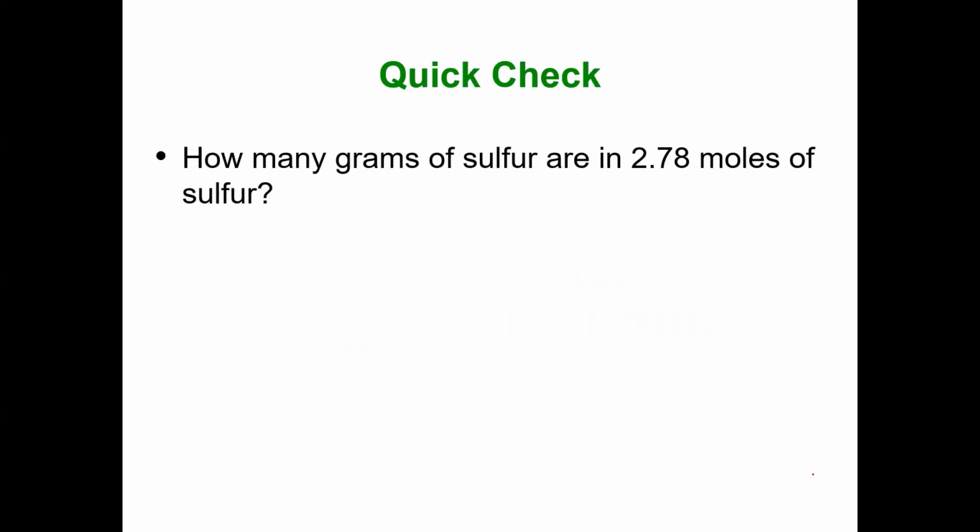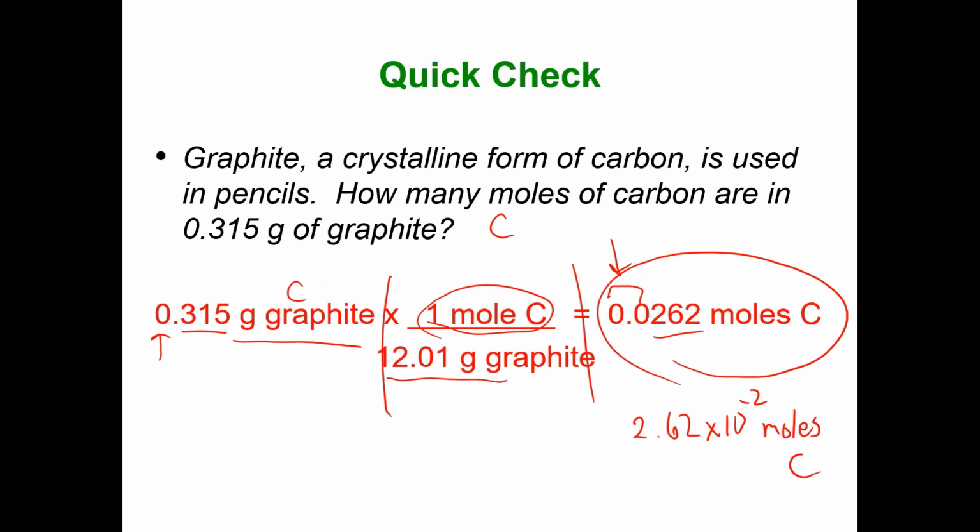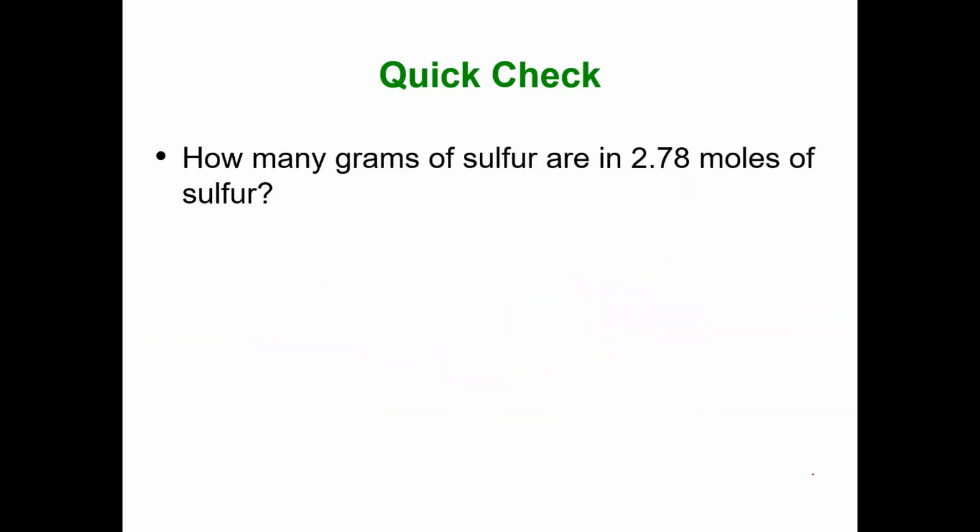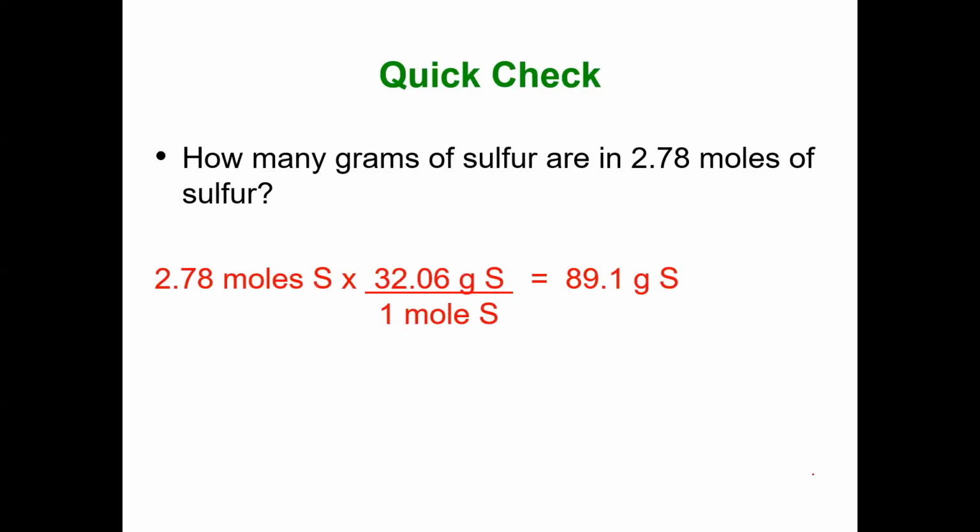How many grams of sulfur are in 2.78 moles of sulfur? So in the previous problem, we went from grams to moles. Well, molar mass allows us to do that because it's moles per gram. Well, if I have moles, I can get grams, right? So 2.78 moles of sulfur. So I need the molar mass of sulfur. That's easy. Look at the periodic table.